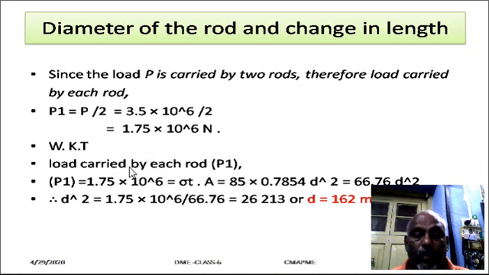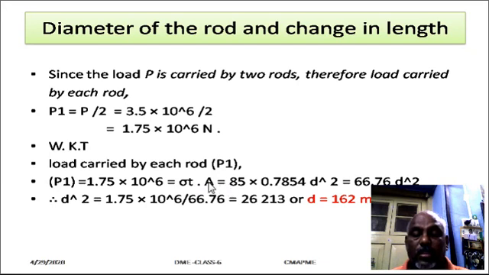Now we know that the load shared by each rod, 1.75 into 10 to the power 6, is equal to the tensile stress induced in each rod into the cross-sectional area of the rod. Stress is equal to load divided by area, so load is equal to stress into area.